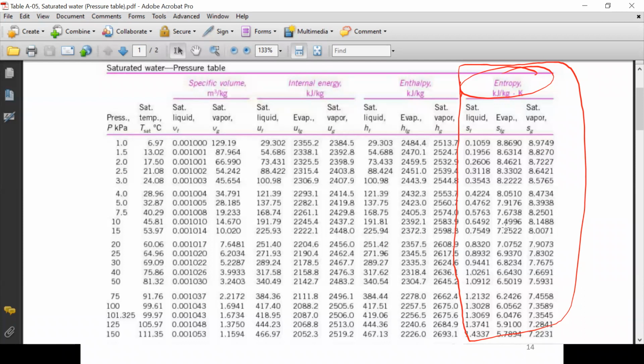It's about quality, not only quantity. So the higher the entropy, the higher the quality of energy, not only quantity. We'll come to this, but for the time being, just forget this part of the table. You don't need it. Focus on these parts. All right, thanks.